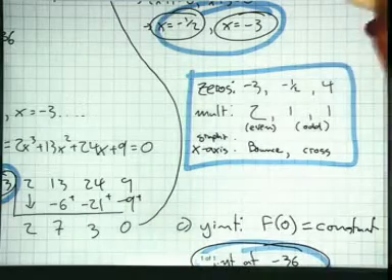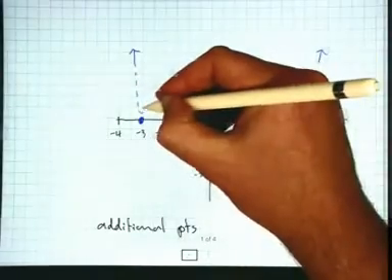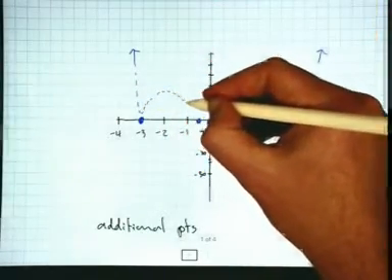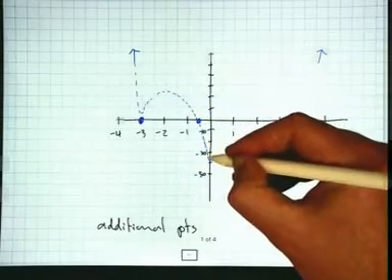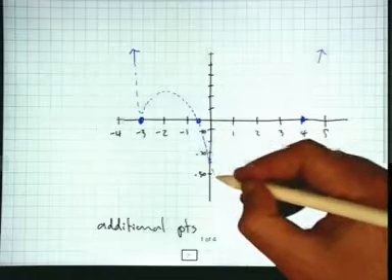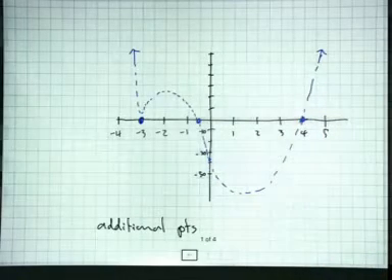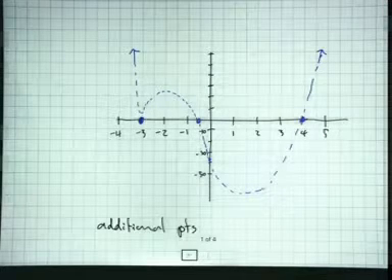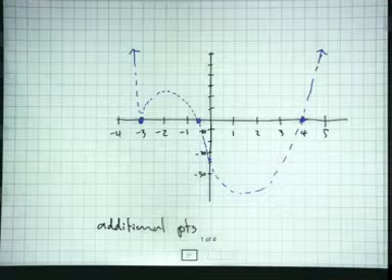So I can get a rough sketch of this graph. It's going to come down, bounce, come back up, go through that x-axis, cross through my y-axis, and at some point it's going to come back up. Now, honestly, that would be an acceptable graph for me.